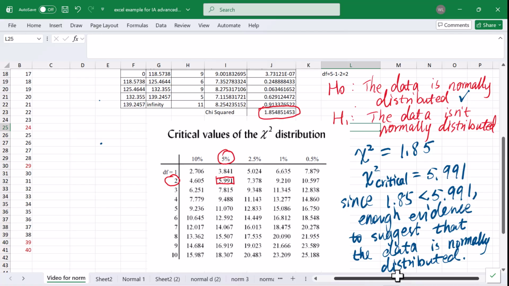H1, the data isn't normally distributed. Since we got this chi-squared equals 1.85, the critical value equals 5.991. Since chi-squared less than critical value, we don't reject H0, which means enough evidence to suggest that the data is normally distributed.